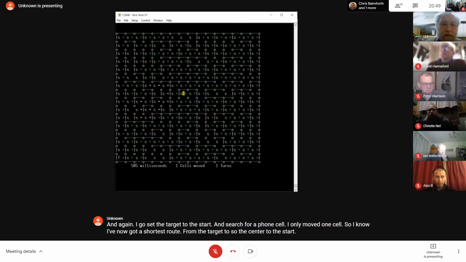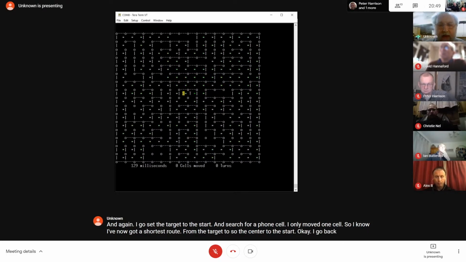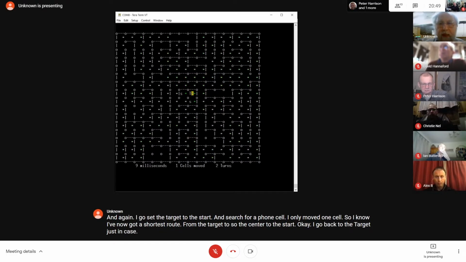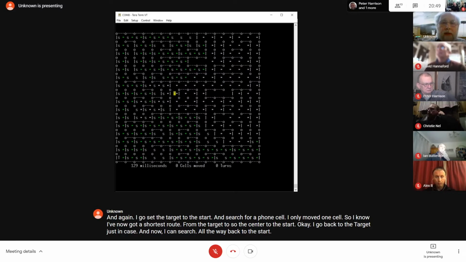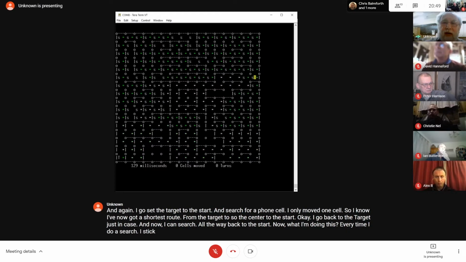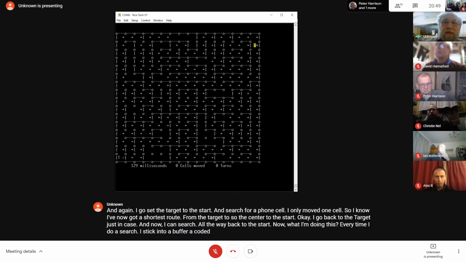Okay? I go back to the target just in case. And now I can search all the way back to the start. Now, while I'm doing this, every time I do a search, I stick into a buffer a coded form of the movements the mouse has made.